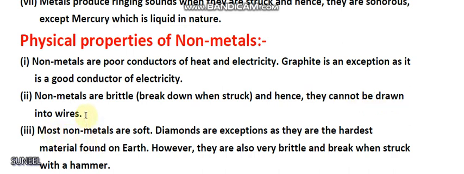And most of the non-metals are soft, but there are exceptions again. So diamonds are exceptions as they are the hardest material found on the earth. However, they are also very brittle and break when struck with a hammer.